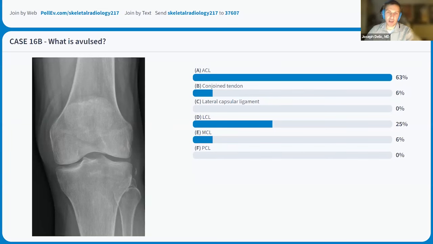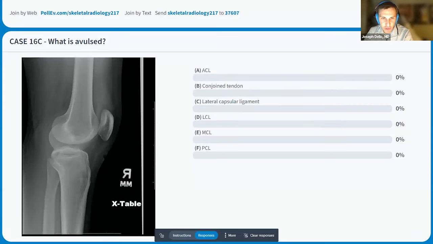Okay, so again, I want to ask you guys the question. So, what is avulsed? Okay, so we've had some changes here. Okay, but a little bit split. Okay, very good. We're going to go to case C. What is avulsed on this one?